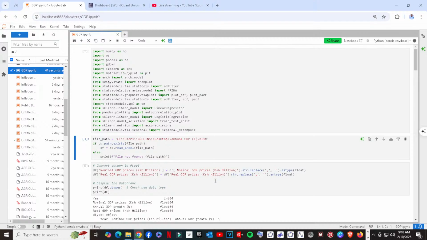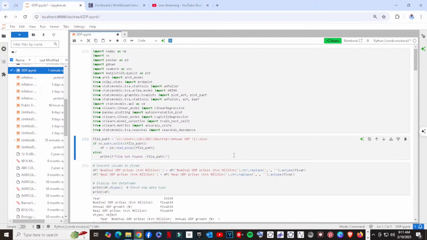So basically, you'll see that when I first imported the data, the columns for the nominal GDP prices and the real GDP prices were objects. They were not floats. The only float we had was annual GDP growth percentage.